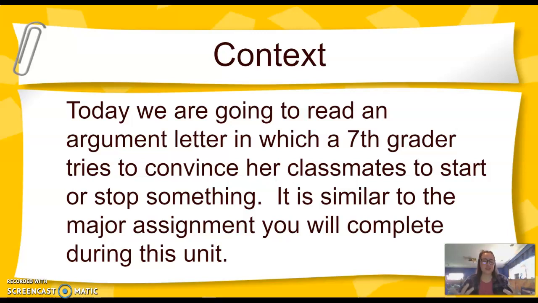That is what argument is: somebody trying to get someone to do something or to stop doing something. And it's up to you to figure that out as we read. And this essay is very similar to the major assignment that you will complete during this unit. So ultimately, you will write an argument trying to convince some audience to start a behavior or stop a behavior.